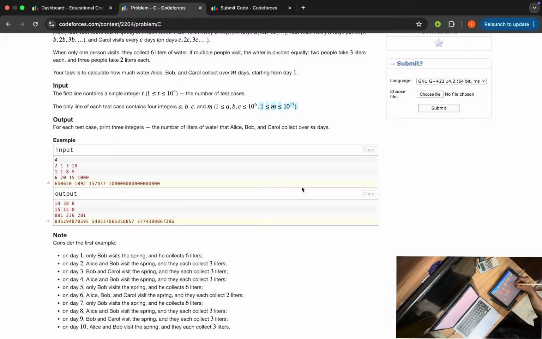I have to find that. 1 gets interrupted by 2 is the number of 2 days, that is 5 days. Then 1 gets interrupted by 3 is 3 days, and 1 is itself.